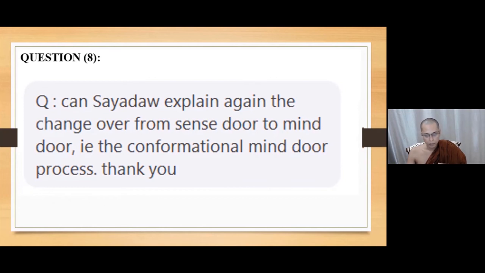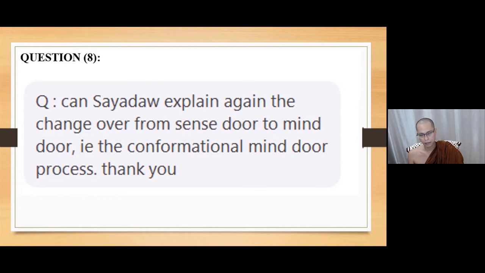At the moment of the eye door process, all the mind movements of the eye door process take the present visible form as their object. Then after the second registration, the bhavanga comes, because the duration of the object is finished.